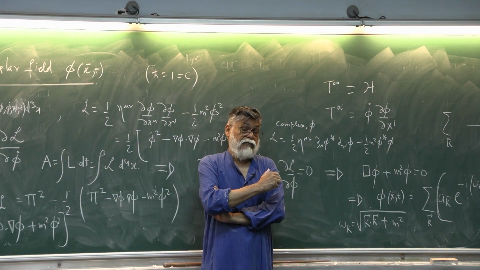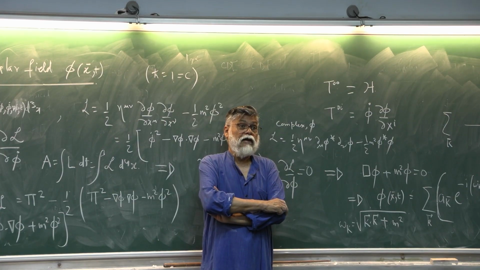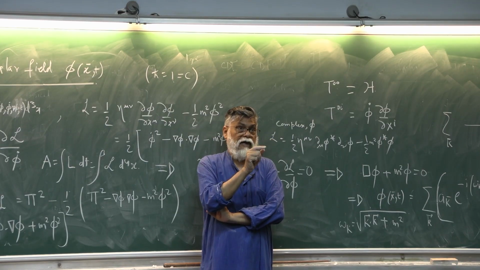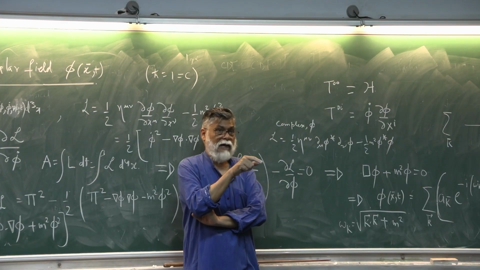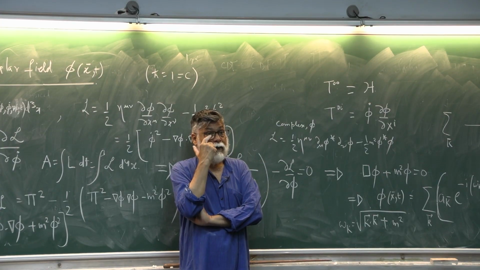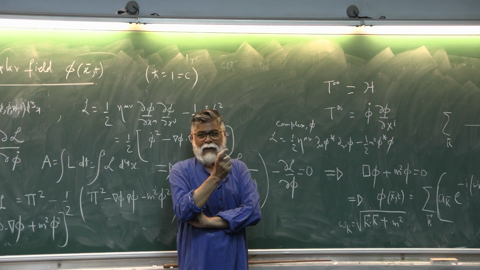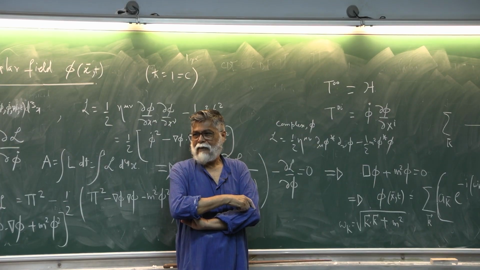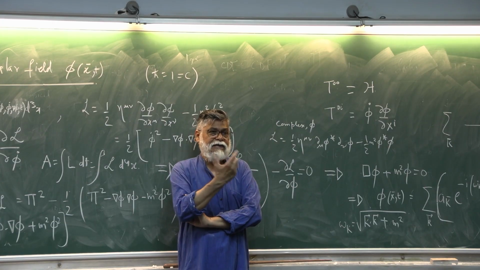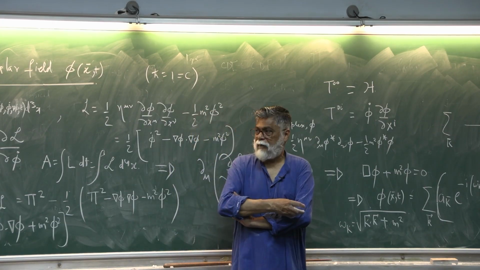But you can ask, how about taking m to be complex so that mod m square is real? That is allowed. But then you will have tachyons. As I was telling the students, Sudarshan was a genius. Sudarshan had a great brainwave.